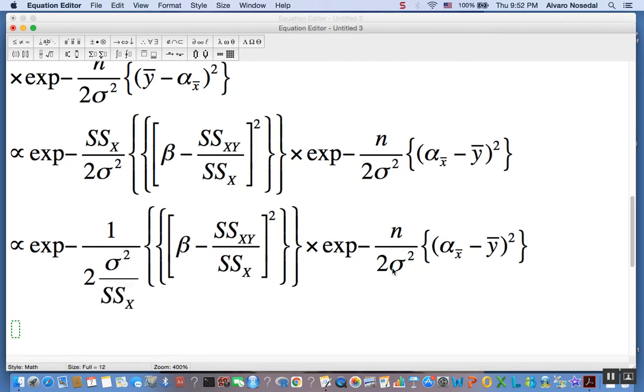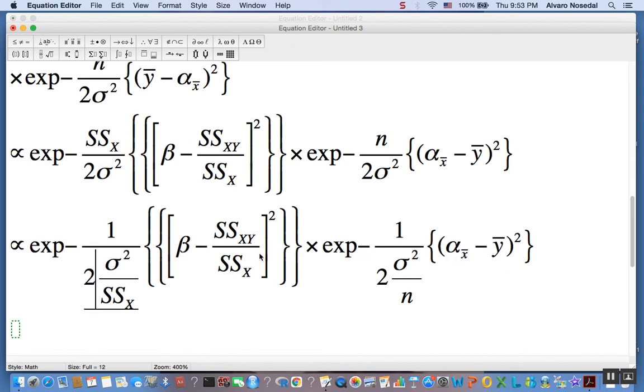And this guy here we can divide by n, right? So these two expressions are equivalent, right? So what we have is that the likelihood for beta and alpha is proportional to the product of two normals, two independent normals, one for beta, one for alpha, right?